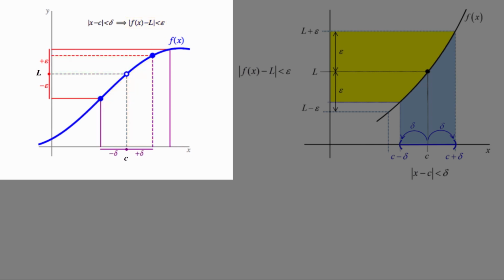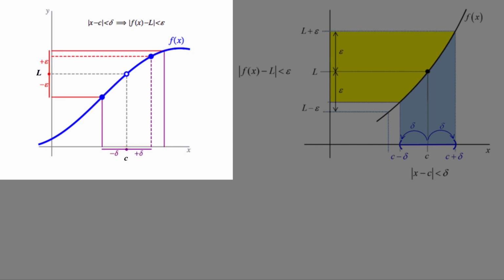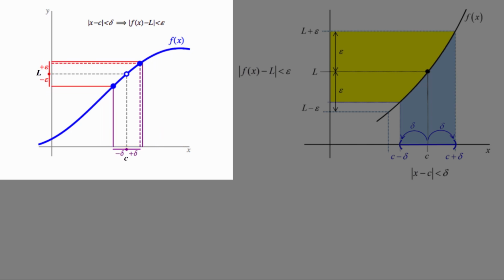So for any given epsilon, we have to find a delta that will keep our y values in this region. And as epsilon changes, delta will change to match.